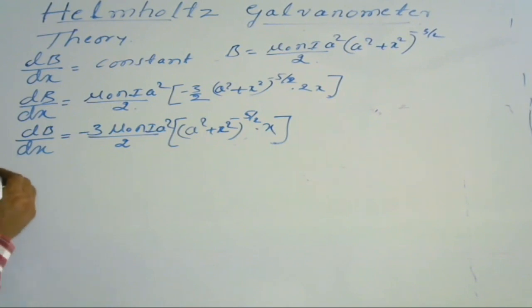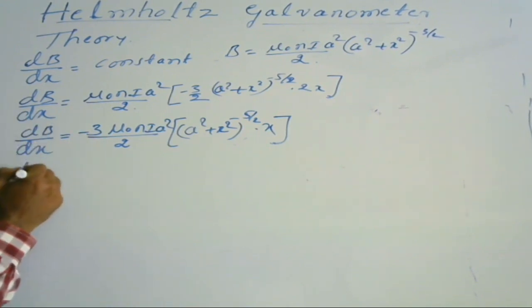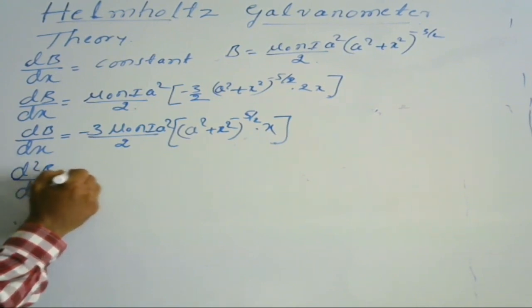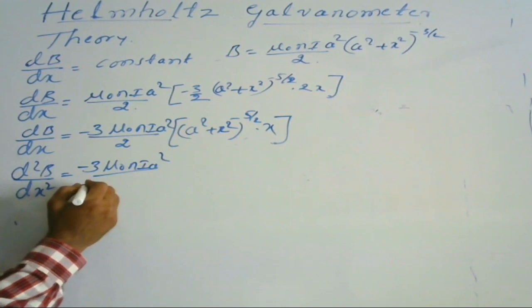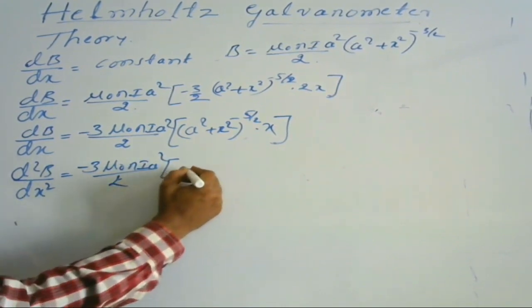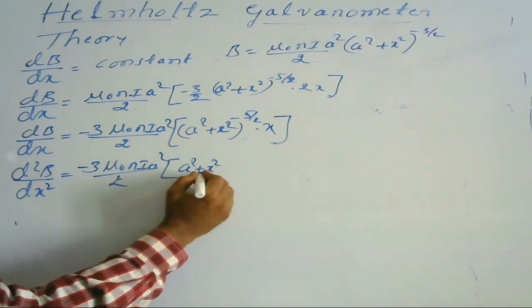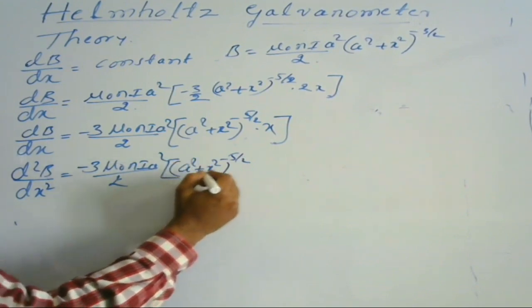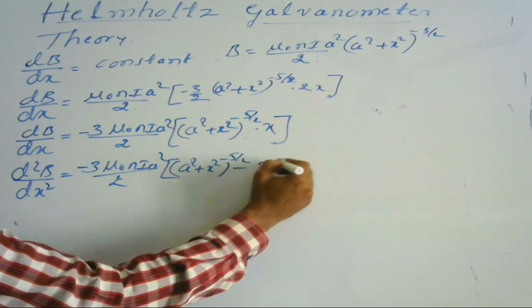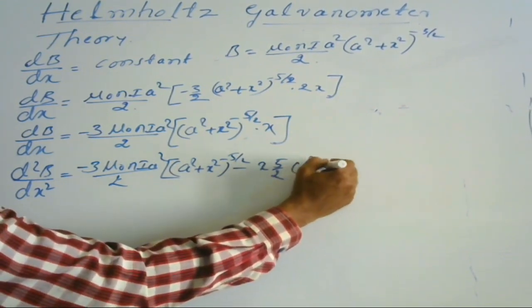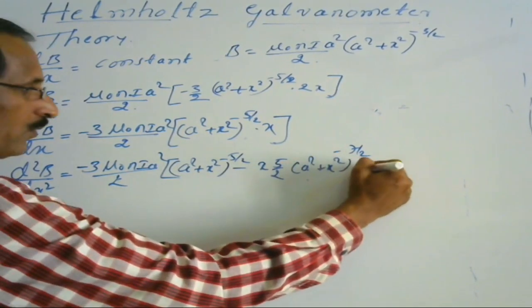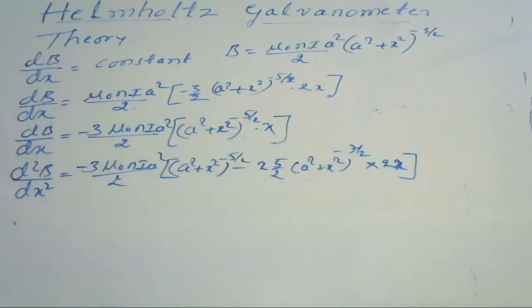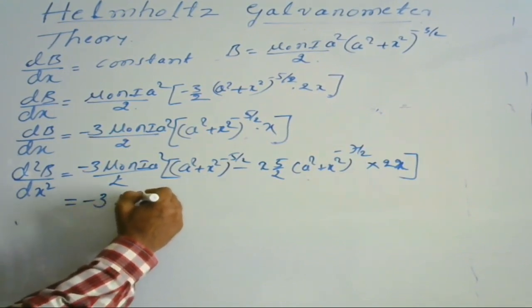Now we can differentiate once again, that is d square B by dx square is equal to minus 3 mu naught N I A square divided by 2 into [(A square plus x square) raised to minus 5 by 2 minus x into 5 by 2 (A square plus x square) raised to minus 7 by 2 into 2x].